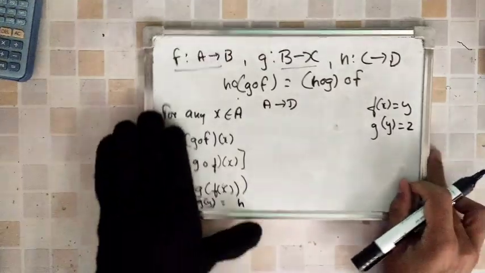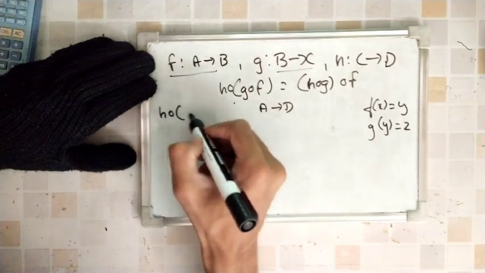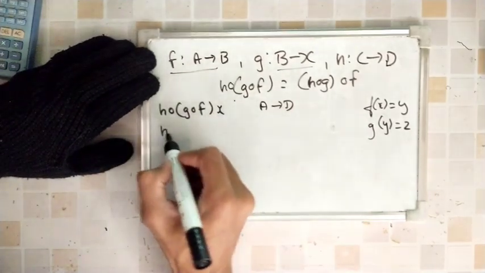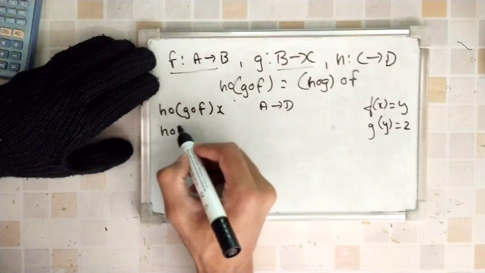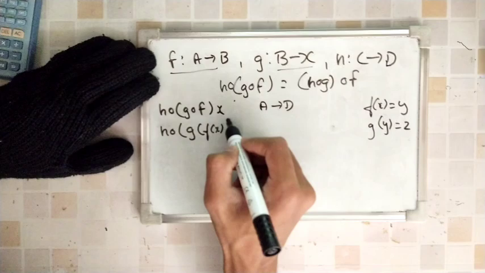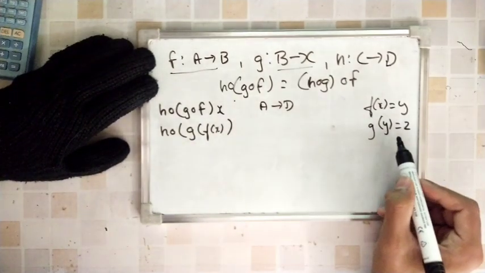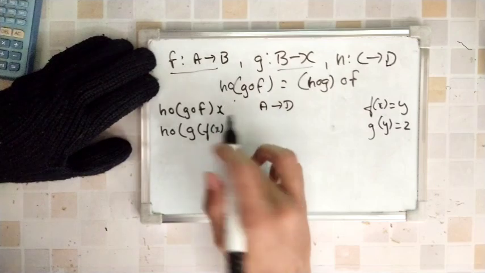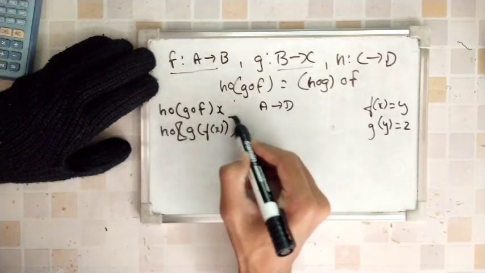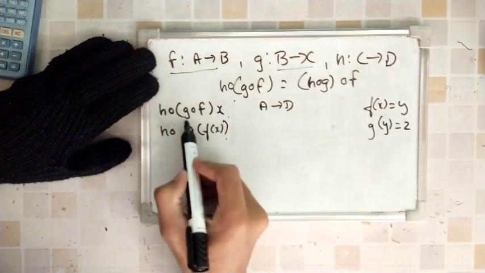Okay, let me write it neatly, properly from the beginning. Okay, (h composition g composition f) into x I am taking. This is equivalent to h composition g into f of x. I am considering f of x as y.